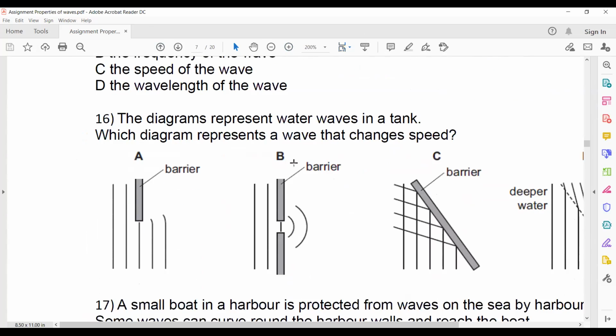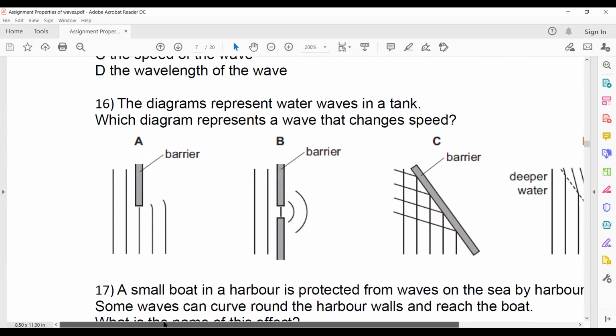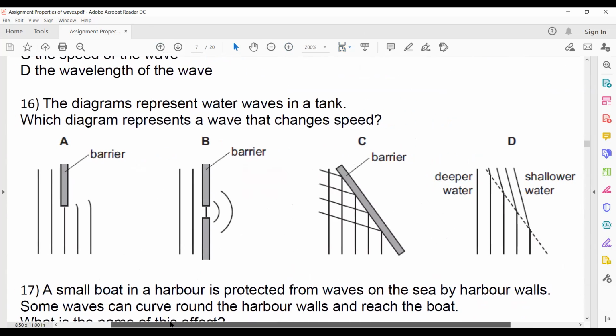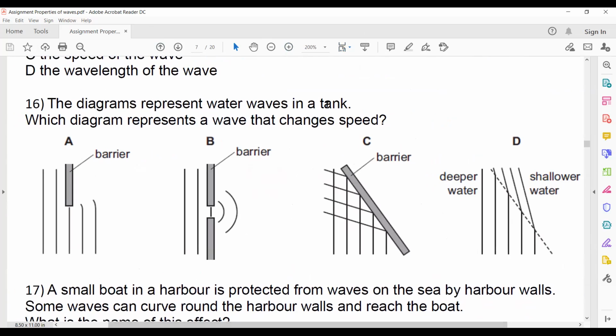The diagram represents water waves in a tank. Which diagram represents a wave that changes speed?